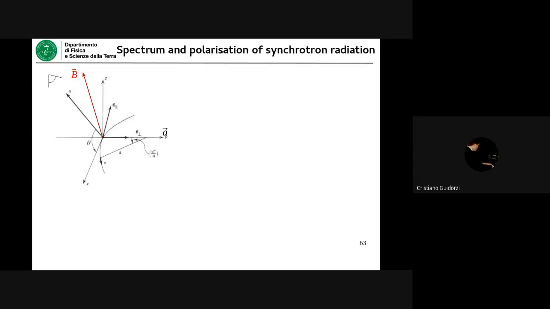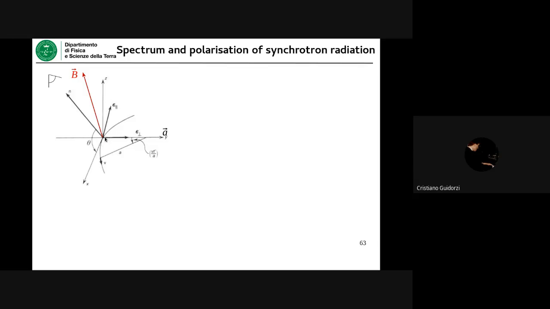So let's suppose we are looking at one single electron at one single moment. Let's suppose that at the initial time the electron lies at the origin of this Cartesian reference frame. In particular, the velocity at time 0, when the electron is right at the origin, is directed along the x-axis.